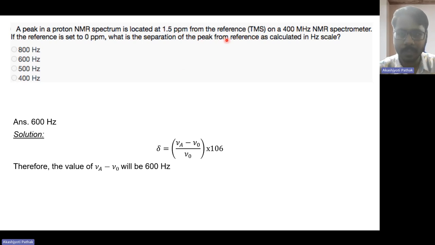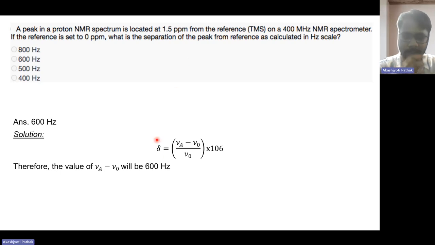Now, in hertz scale, what will this 1.5 ppm correspond to? We had solved many of these questions in the week two problem solving session. You can basically consider that 1 ppm is equal to the spectrometer frequency, so you multiply 1.5 by 400 megahertz. That value will be the value in the hertz scale.